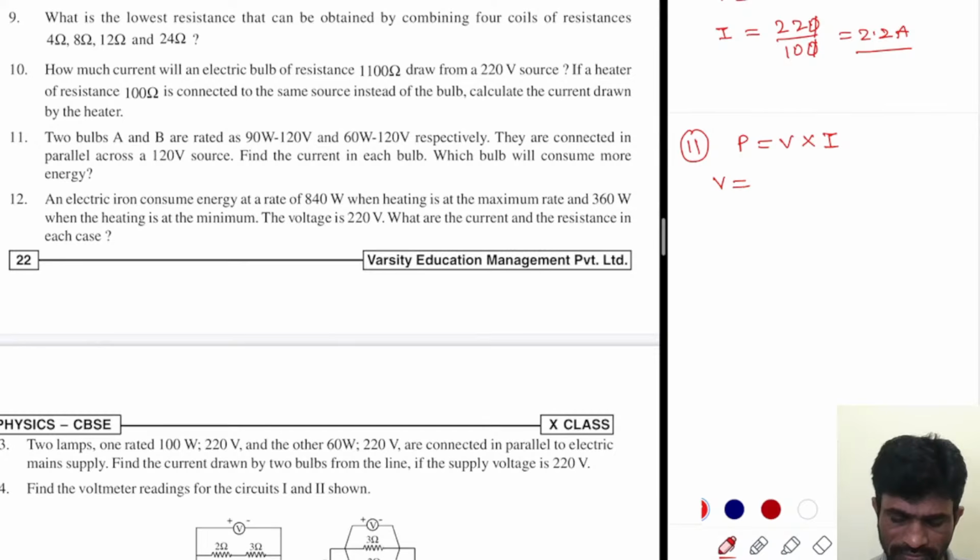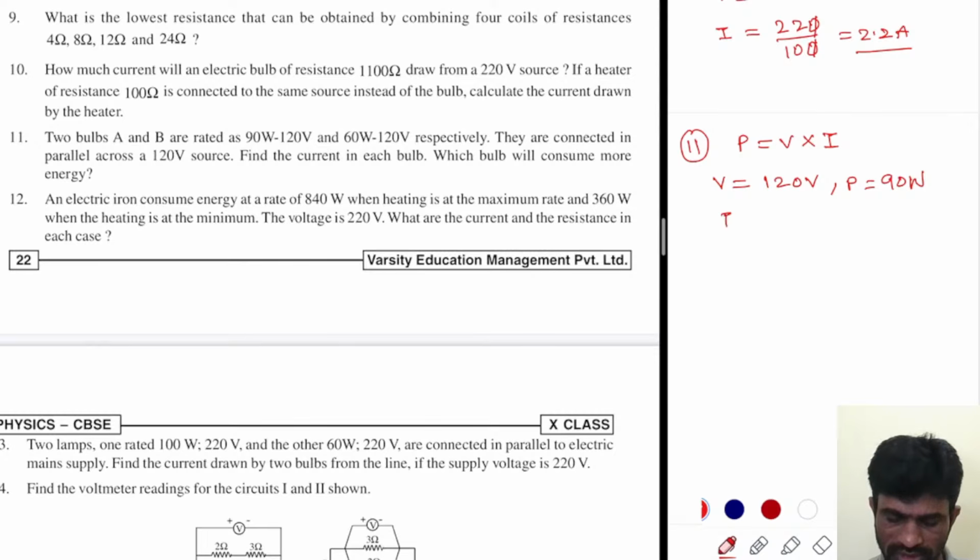V is given, 120 volts, and power is given, 90 watts. So we want I, the current in each bulb.